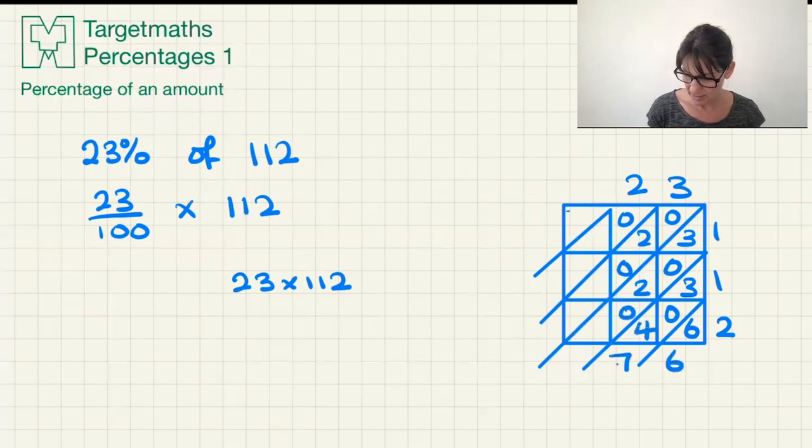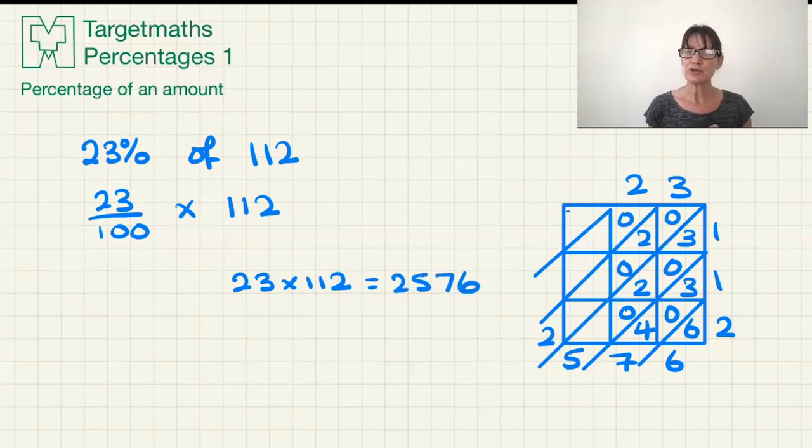Let's add these, and I've got my answer. 23 times 112 is 2,576.